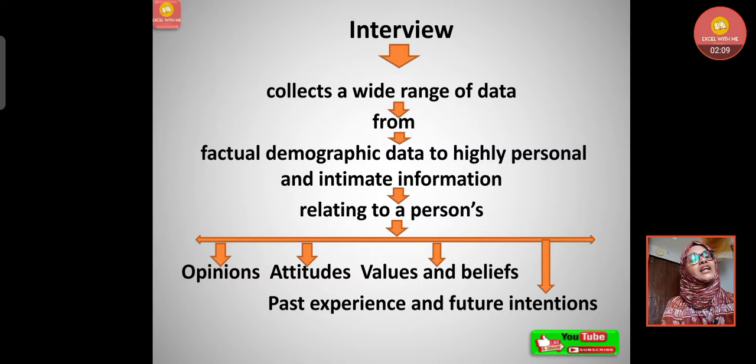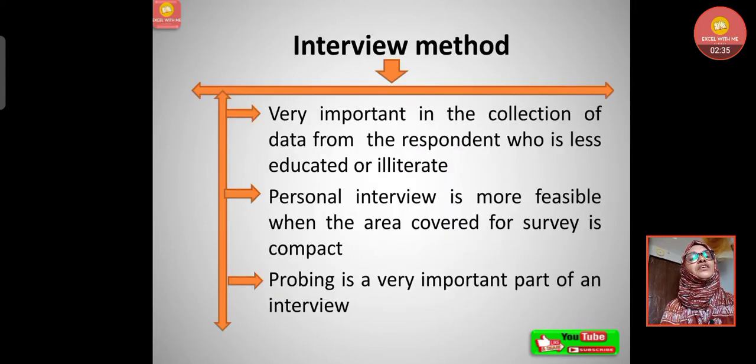All of this relates to demography, and also personal and intimate information, such as the opinion of that person related to any problem, attitudes, values and beliefs, what was the past experience and future intentions of that subject or respondent. We can understand very clearly through face to face, person to person conversation.